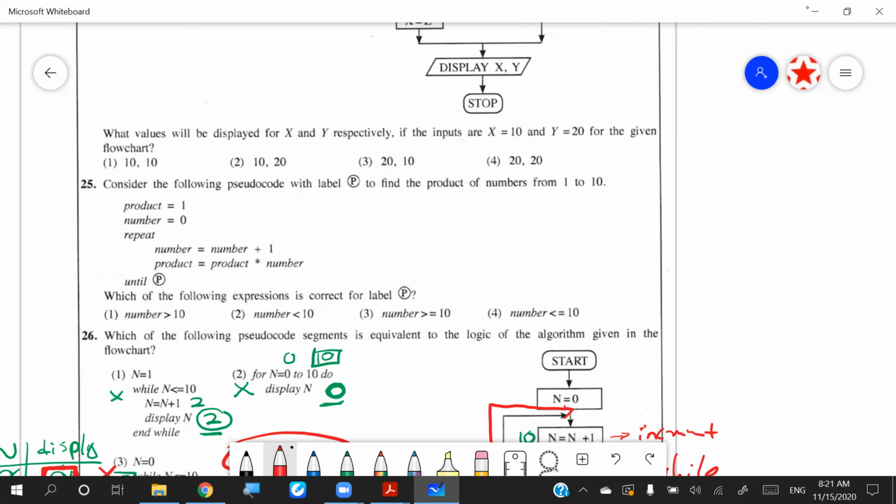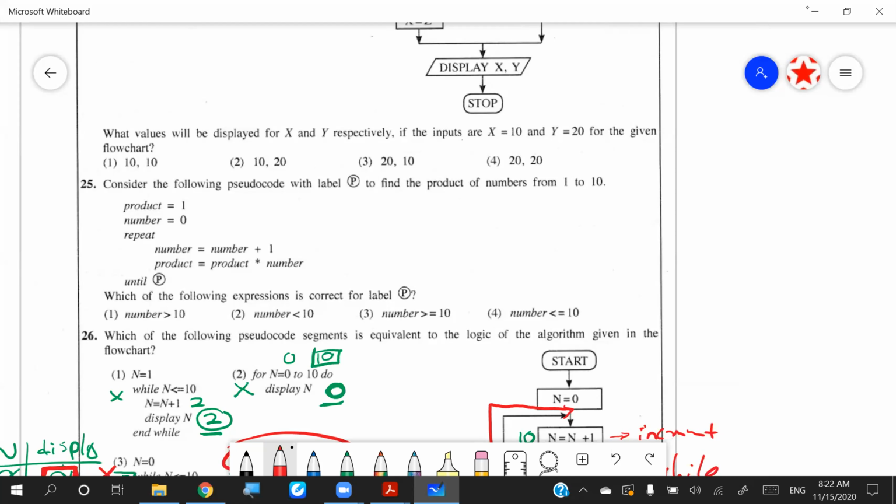So this was the question that we discussed on the 2018 paper, right? The flow chart, right? It says product is 1, number is 0. Here they are taking a repeat until thing. So they have given the logic.